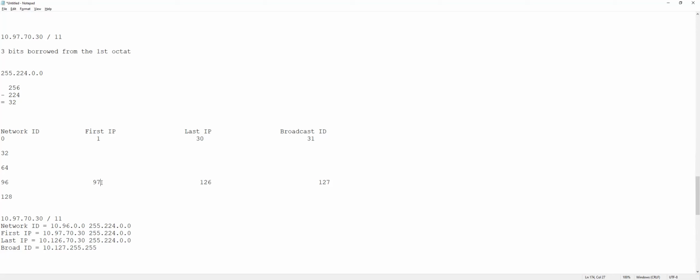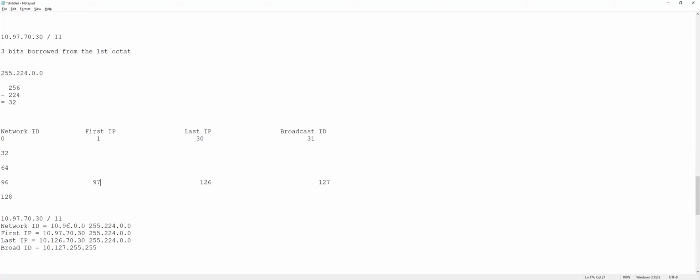Does that make sense? Repeat that one more time, because this is a class B, right? A class A, right? Yeah. Let's verify one more time. Your network ID is 10.96.0.0. If you add one, which is the first usable IP, that's going to be 10.96.0.1.